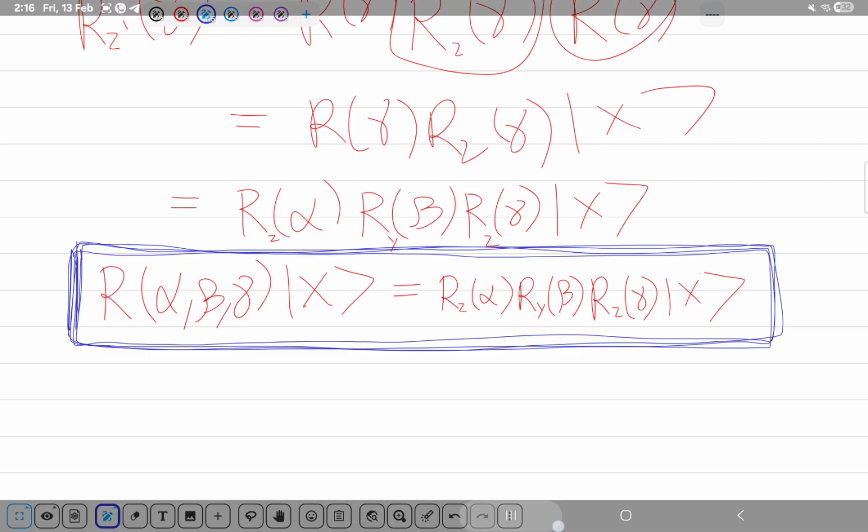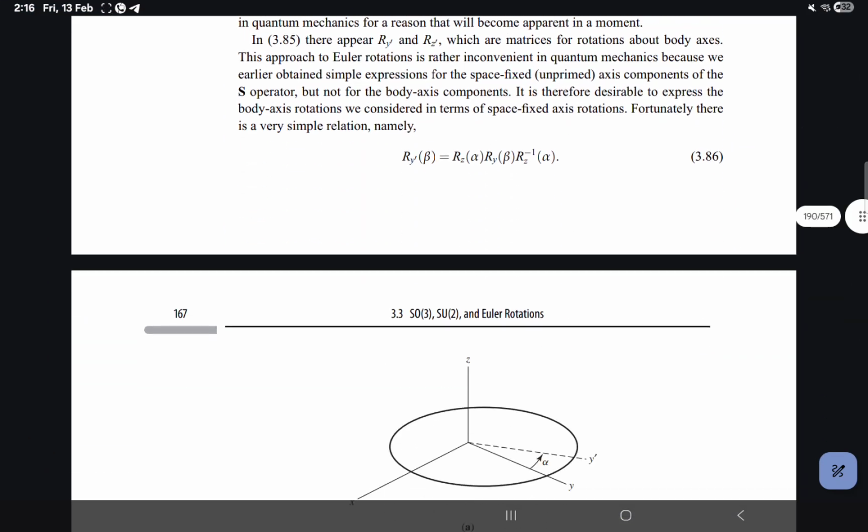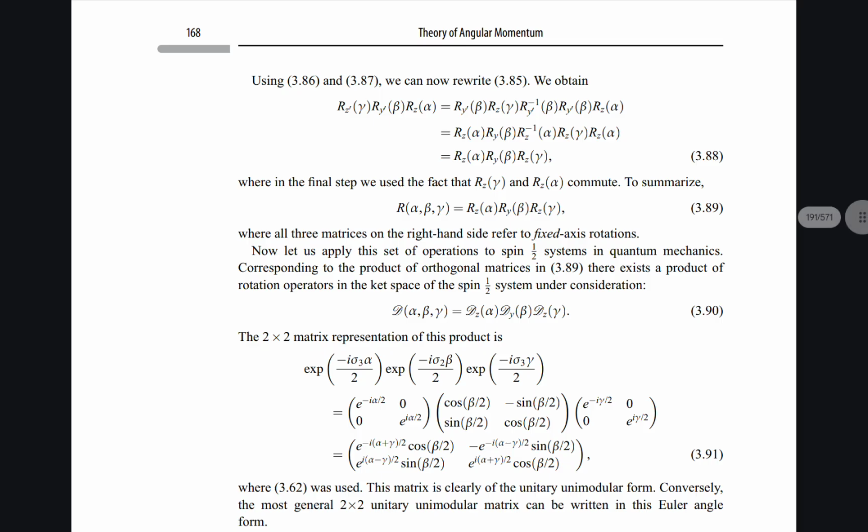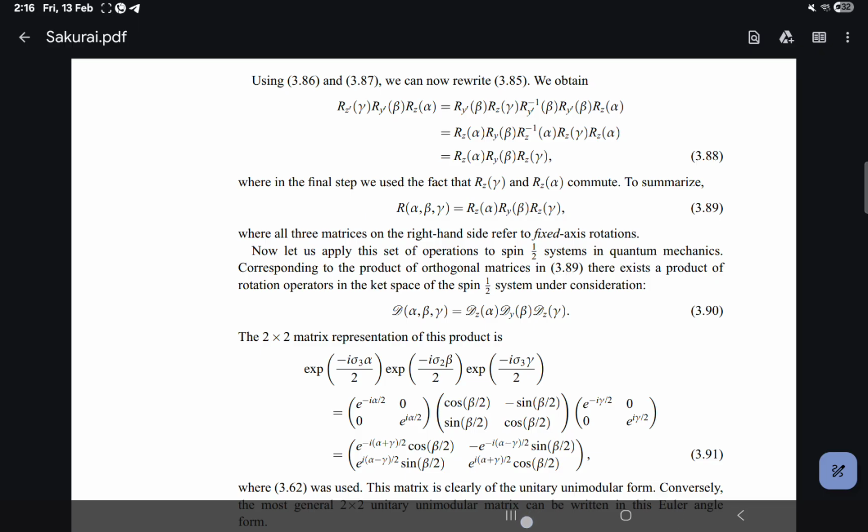Now, next, what is there in the book? We can actually represent rotations in terms of exponentials, and depending on what dimension we have, 2 by 2, 3 by 3, there are different ways to represent rotations.